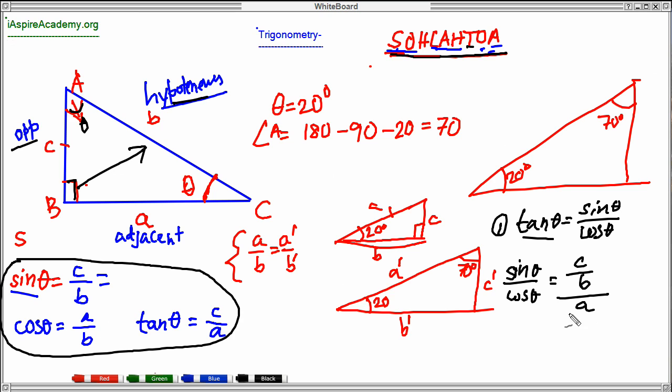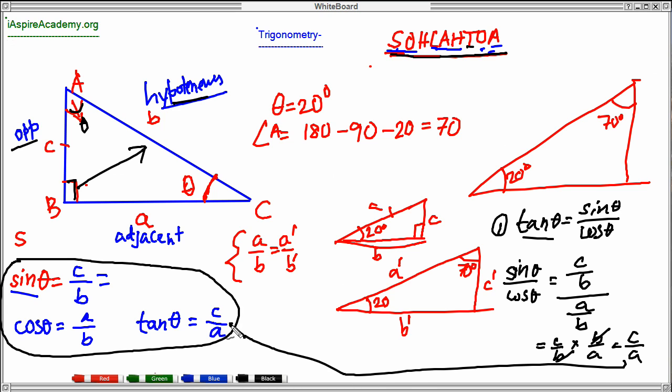A by B. Then if you simplify this, C by B times B by A, B cancels, equal to C by A. Now C by A is equal to your tangent. That's why we say sine theta over cos theta is equal to tan theta. This is one of the basic rules of trigonometry.